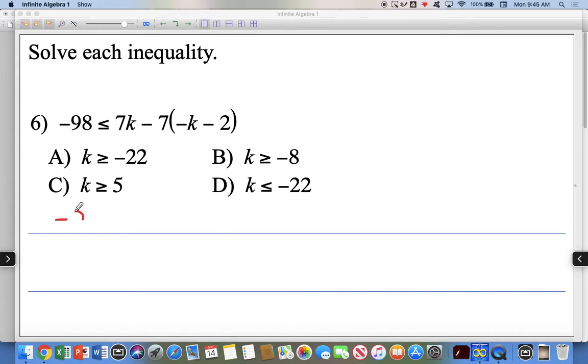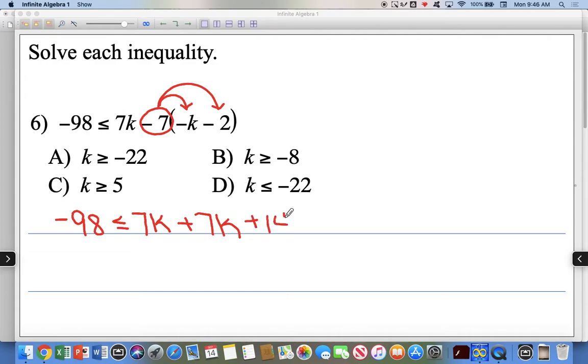But in this case, that 7k just comes straight down. What are we distributing? A 7 or a negative 7? It's a negative 7. So we get negative 7 times a negative k turns into a positive 7k. And then negative 7 times a negative 2 gives me a positive 14.